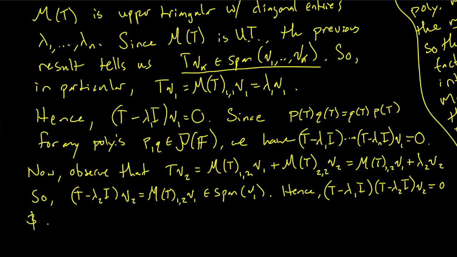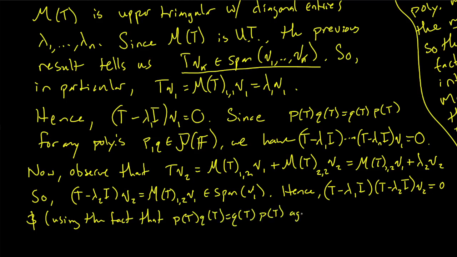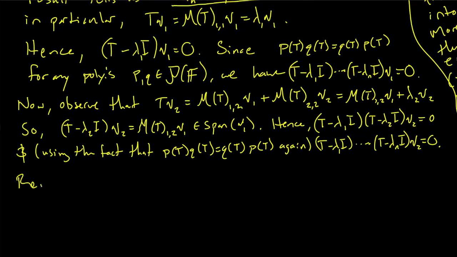And using the fact that p(T) q(T) equals q(T) p(T) again, we have that (T minus lambda 1 I) all the way down through (T minus lambda n I) applied to v2 is equal to 0. Oh, okay. Repeat this process.